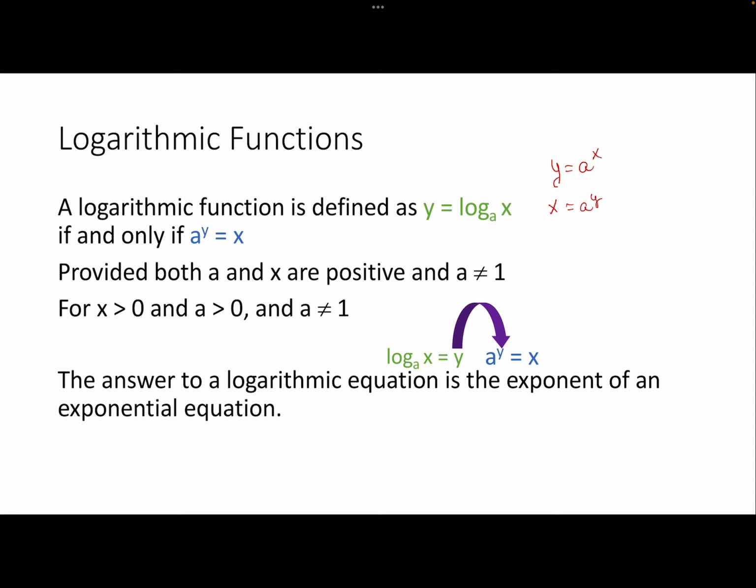The way to remember how logs work is to remember that the answer to a logarithmic equation becomes the exponent of the exponential equation.